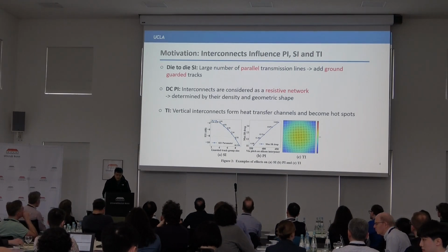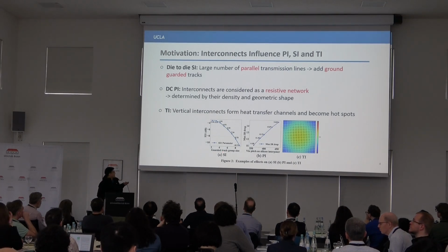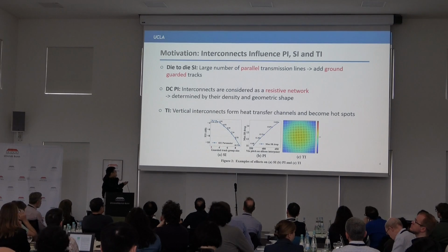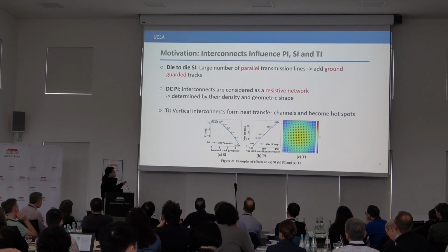And we can see in Figure 2A here that as we put more signal wires between two ground wires, the insertion loss gets worse.